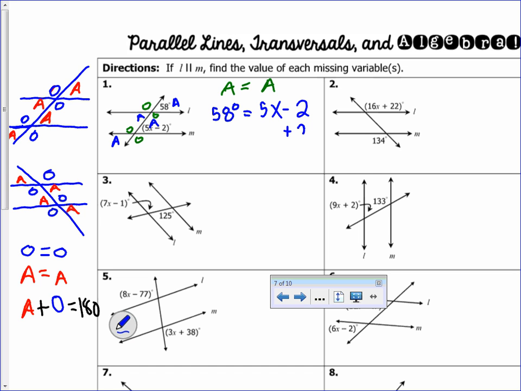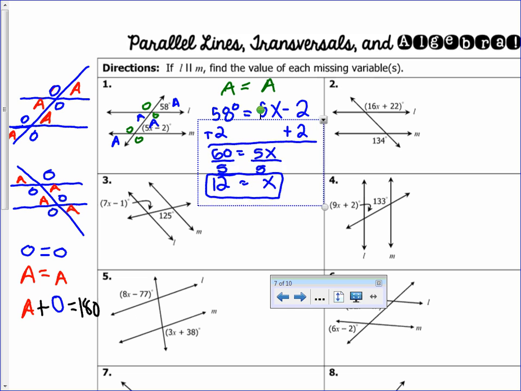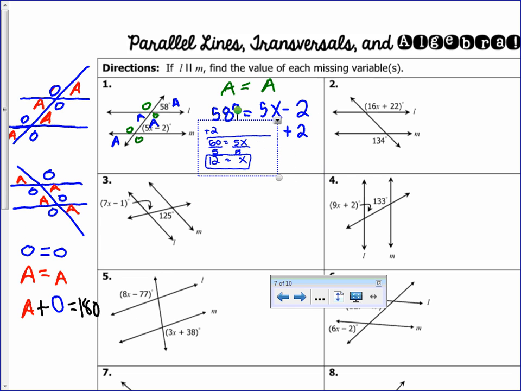So add 2 to both sides, right? 60 equals 5x. That means divide both sides by 5. And x equals 12. Here is my answer. X equals 12.